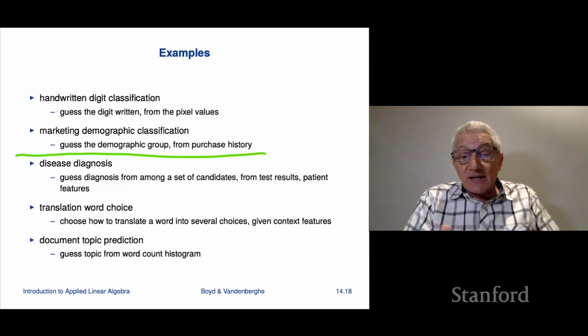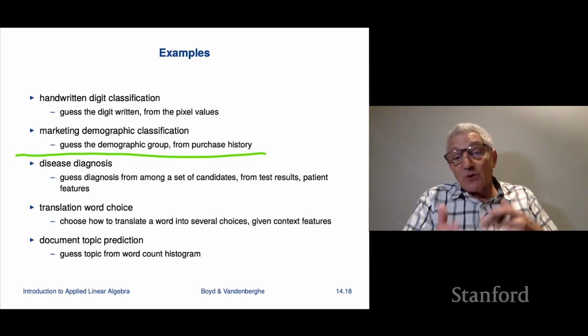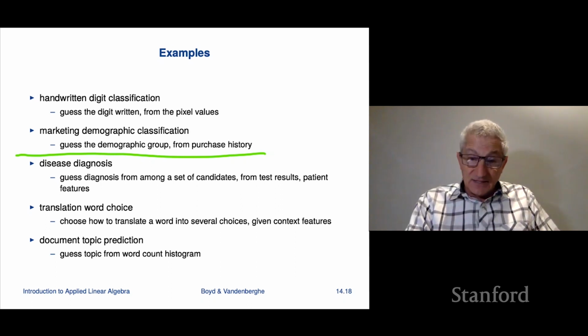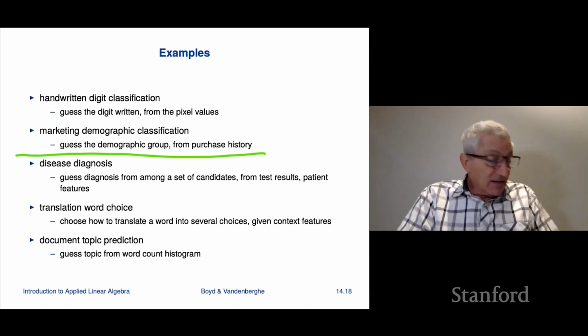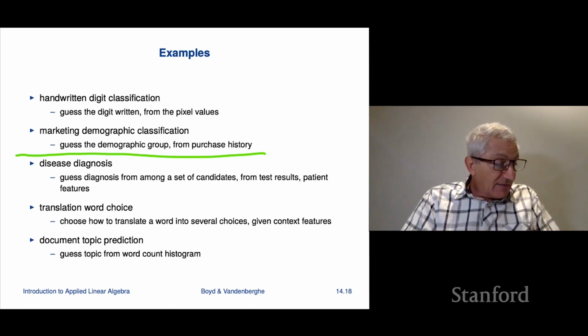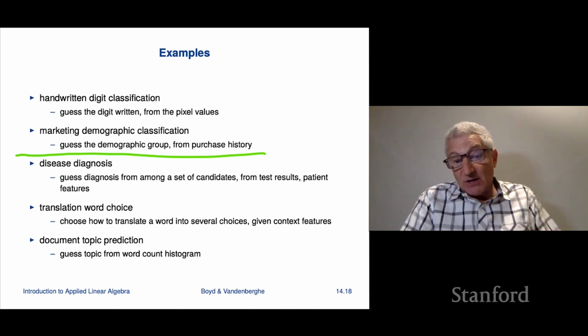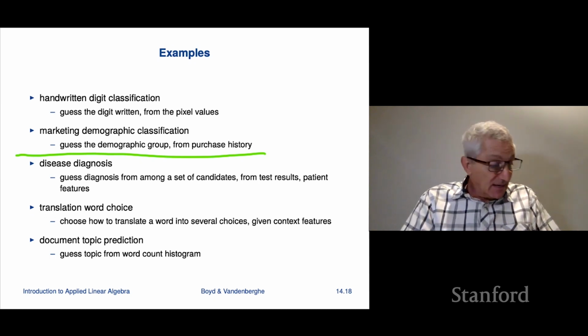Okay. Disease diagnosis, when you're doing more than just trying to say, is this one disease present or not? You would have a bunch of candidate diseases, usually including one label that simply means there's no disease. And here x, the feature vector, would include test results.